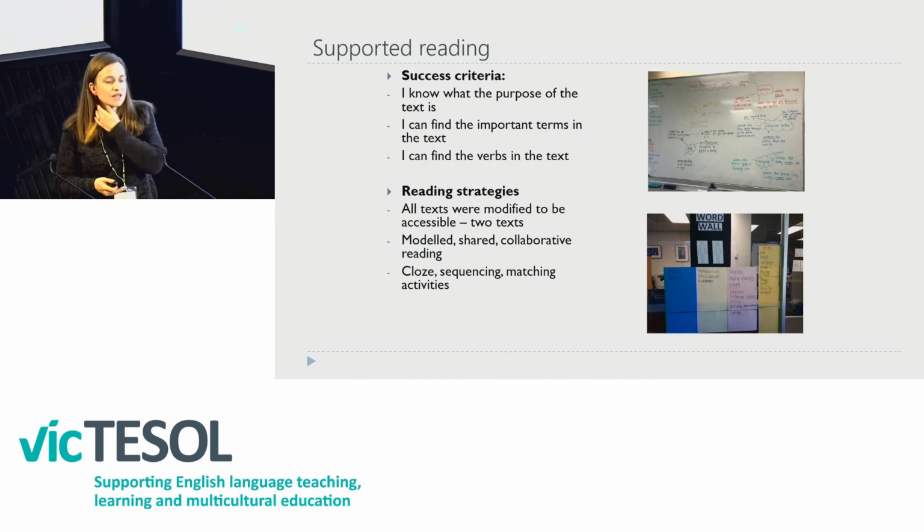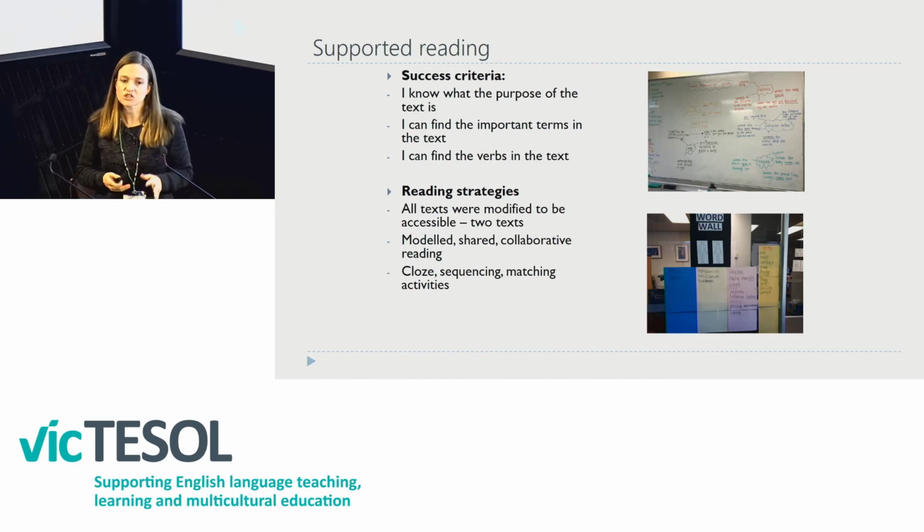We have done lots of modelled reading, shared reading and collaborative reading together of the 2 texts, and we have spent a lot of time unpacking them and doing different activities like cloze activities, sequencing activities and matching activities, which has really given them a more in-depth understanding of the terms.